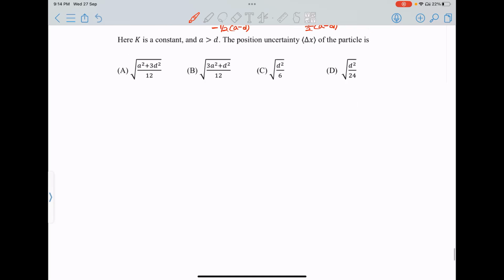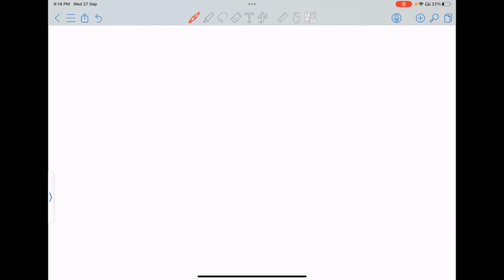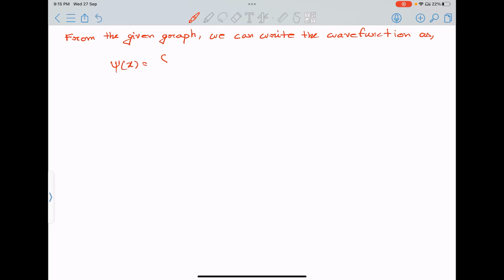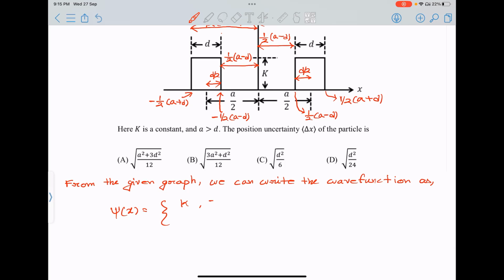So I can write that from the given graph we can write the wave function as psi(x) equals k for, so for the first part you can see from the shaded regions, in the shaded regions there will be the existence of the wave function.